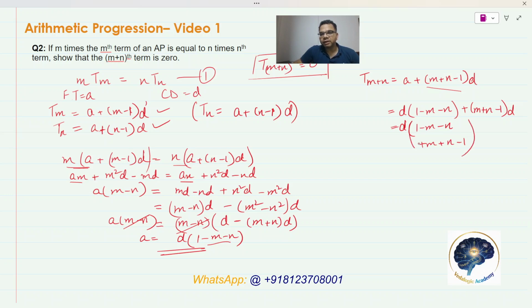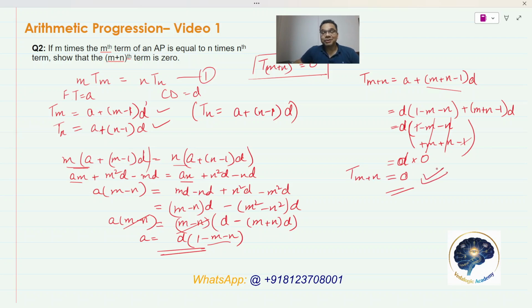So this is what will remain. So if you see, this gets cancelled, and this also gets cancelled. So it becomes d into 0. So therefore 0. So term m plus n becomes 0, and this is what we had to prove.